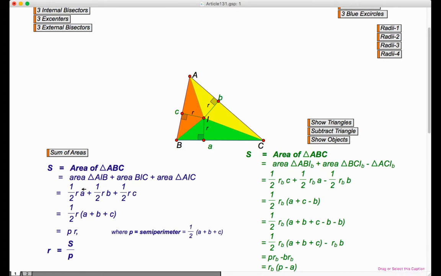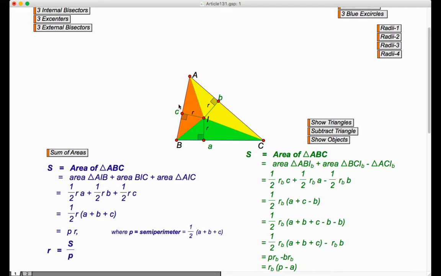But if we focus on the area of the green one, the base is a, and the altitude is r. So 1/2 ra. And then if we focus on the yellow triangle, it's 1/2 b times r.